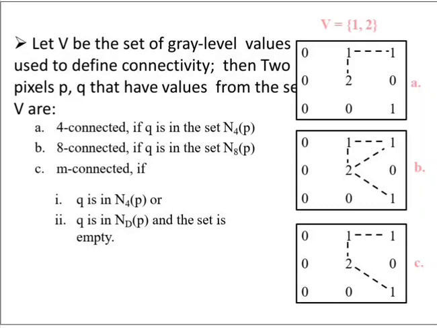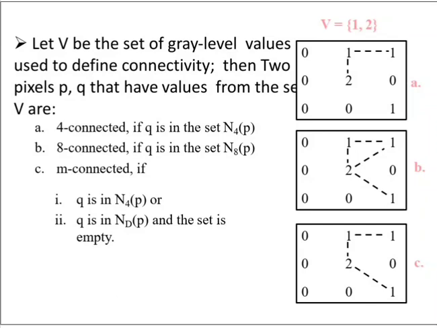The 2 pixels P and Q are said to be connected in S if there exists a path between them consisting entirely of pixels in S. For any pixel P in S, the set of pixels that are connected to it in S is called a connected component of S. If it has only one connected component, then the set S is called a connected set.